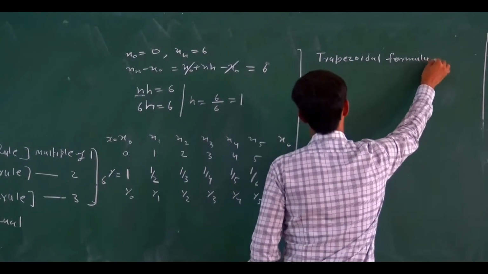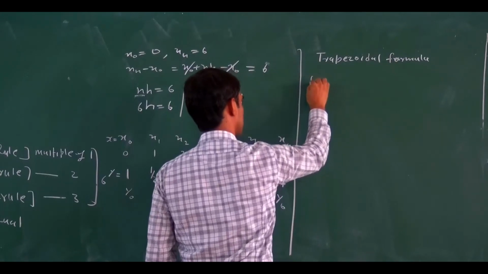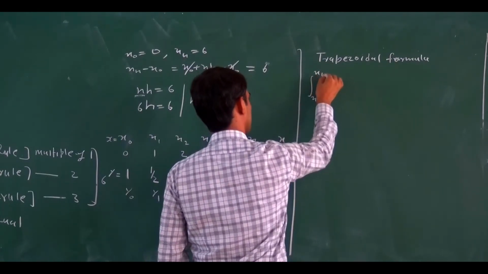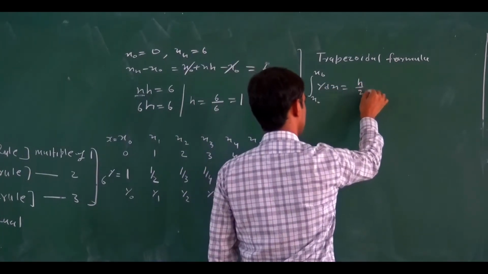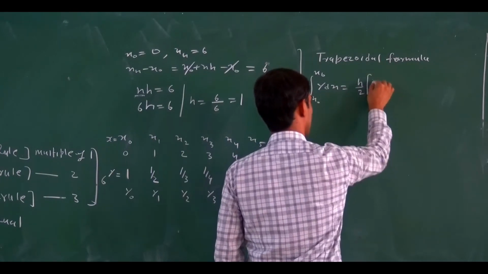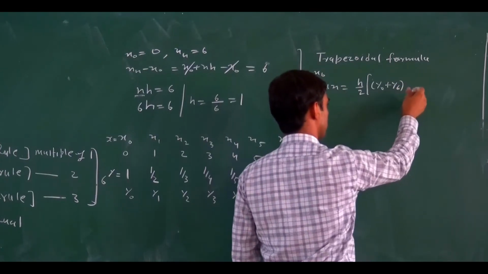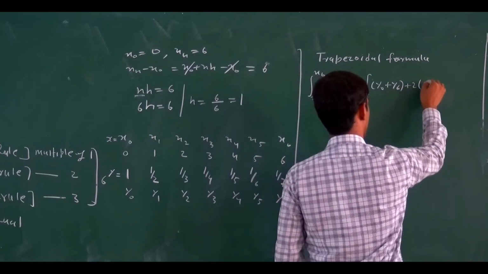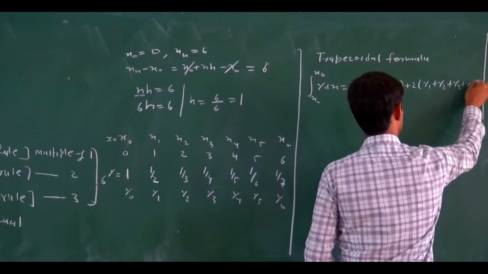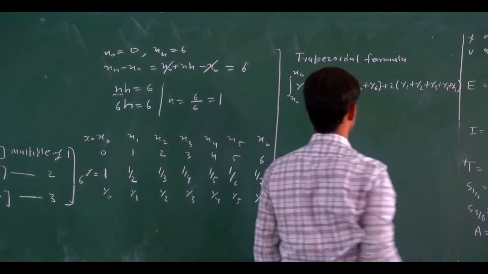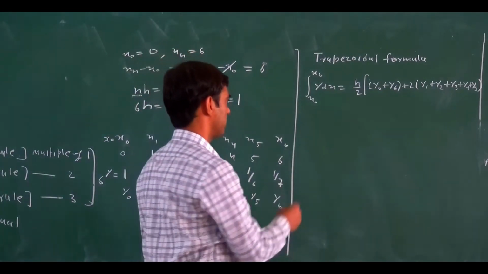We know that for x0 to x6, the integral of y dx equals h by 2 inside y0 plus y6 plus 2 times y1 plus y2 plus y3 plus y4 plus y5.